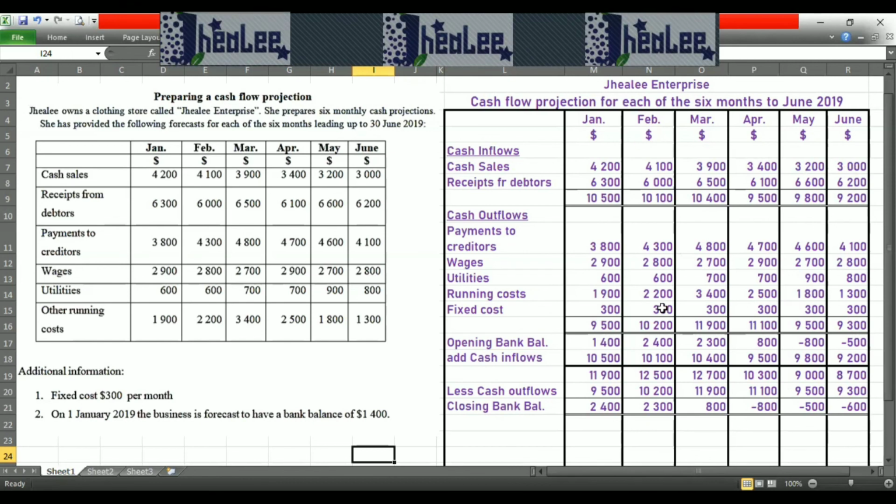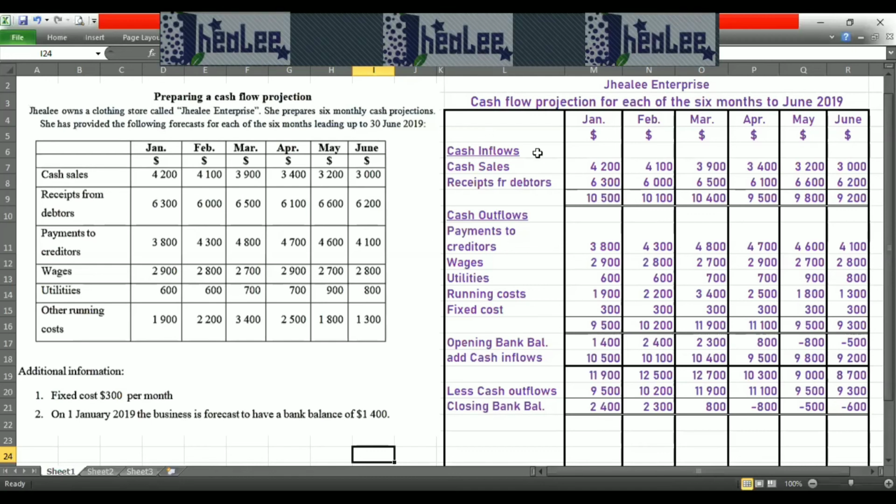Okay, so as I said earlier, it's not hard to do your cash flow projections. Remember, there are three sections: your cash inflows, which are your receipts, ways in which the money will come into the business, your outflows, which are your payments, what causes the money to leave the business, basically, and your balancing section.